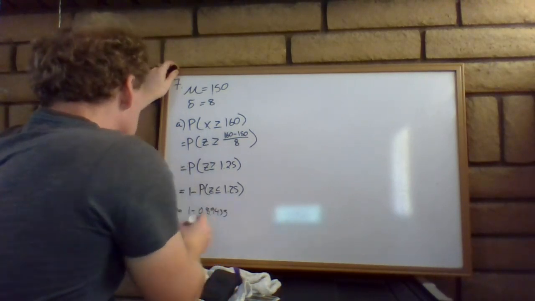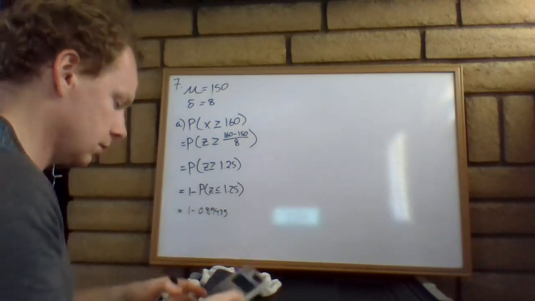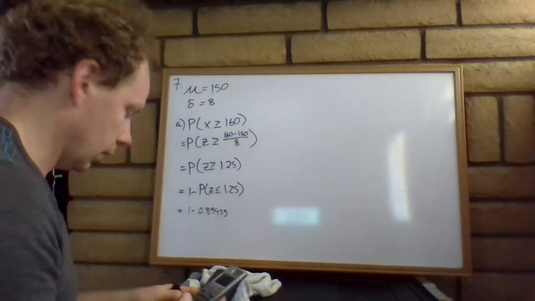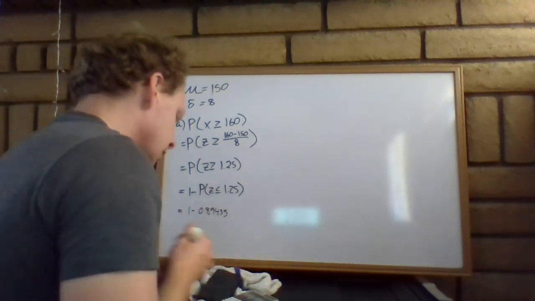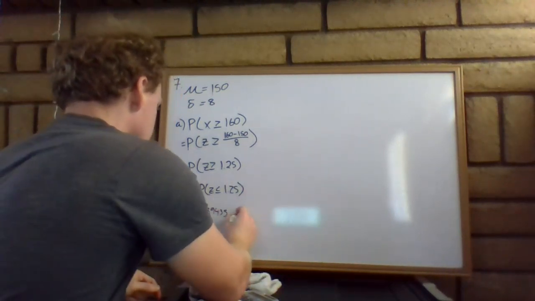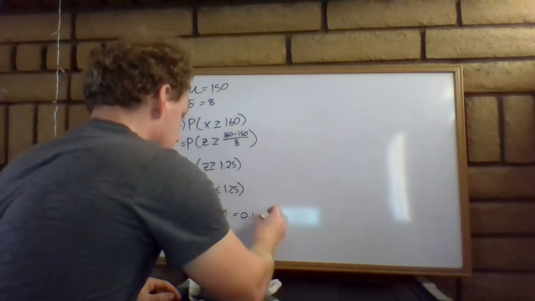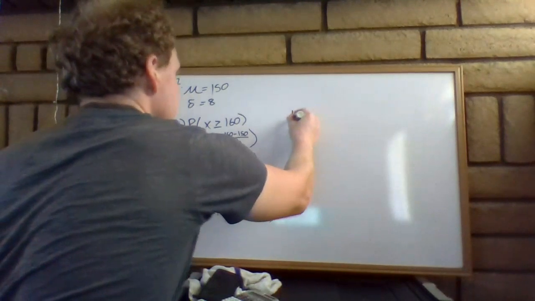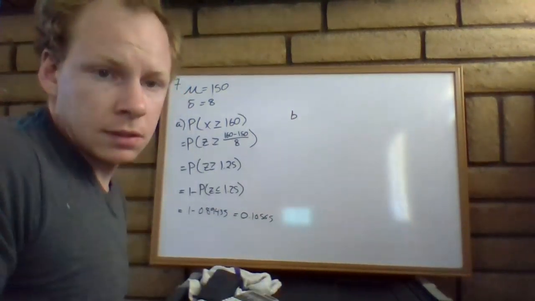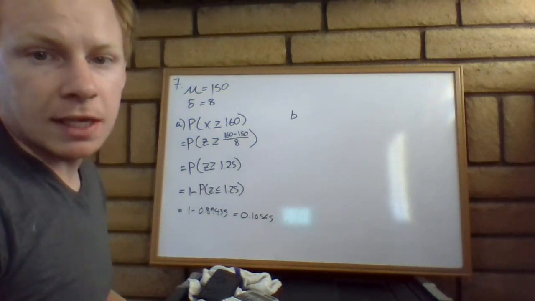All right, and then subtract that from 1 would give us 1 minus 0.89435. That equals 0.10565.